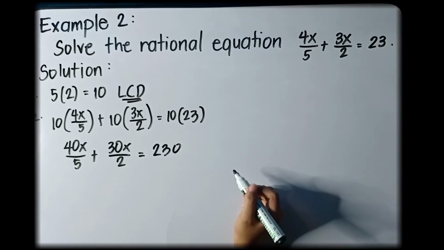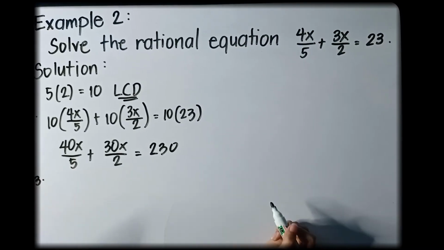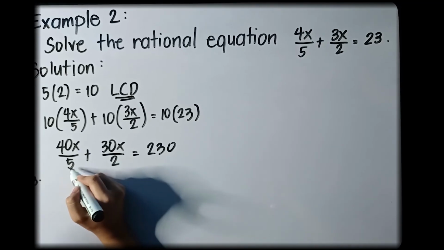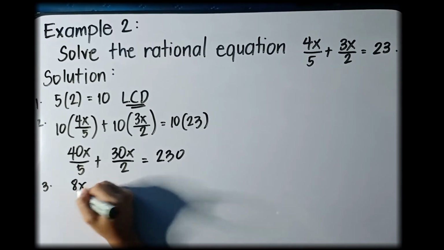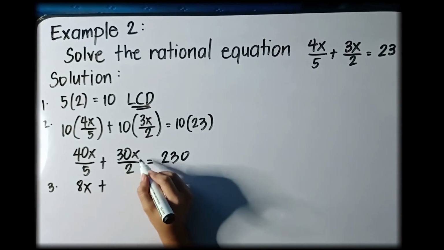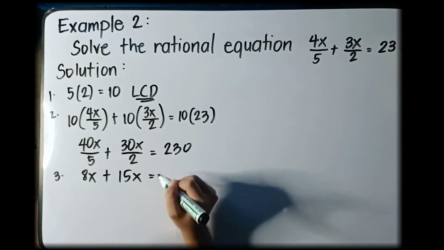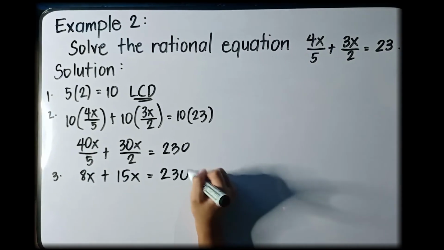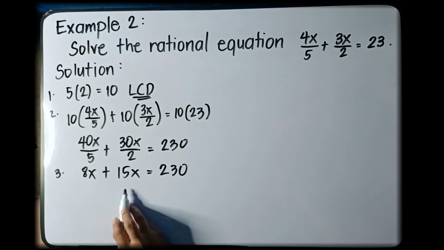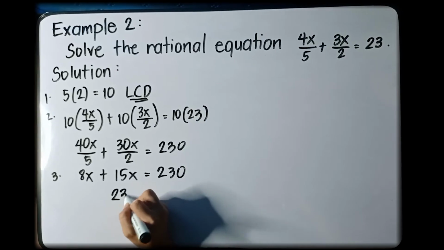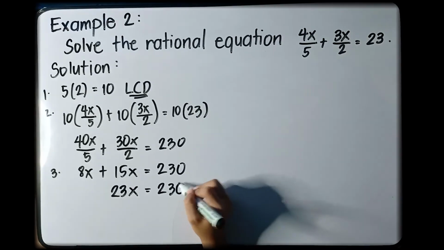Now let us simplify our equation. 40x divided by 5 is 8x, plus 30x divided by 2 is 15x, equals 230. 8x plus 15x is 23x, equals 230.